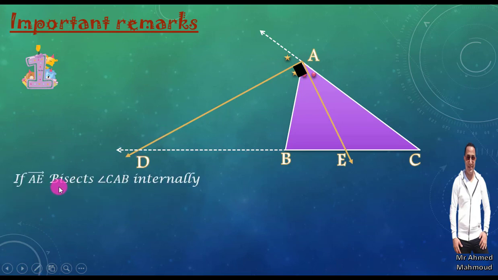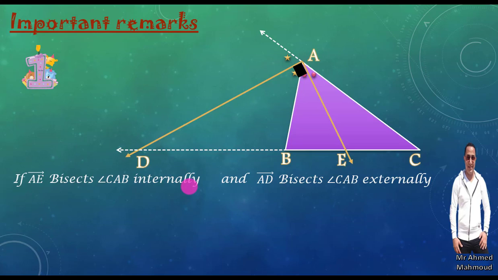So if AE bisects angle CAB internally and AD bisects angle CAB externally, then AE and AD are perpendicular and the measure of angle EAD equals 90 degrees. It's a very important remark. The internal and the external bisectors are perpendicular.